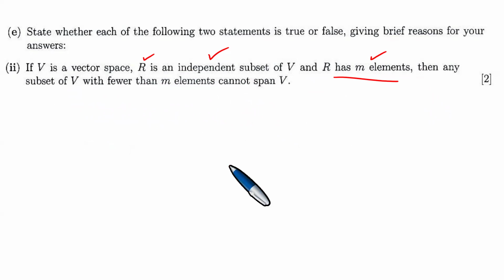This is true because you already have a linearly independent subset. In the previous case, it was just a subset of V. But R is already linearly independent.